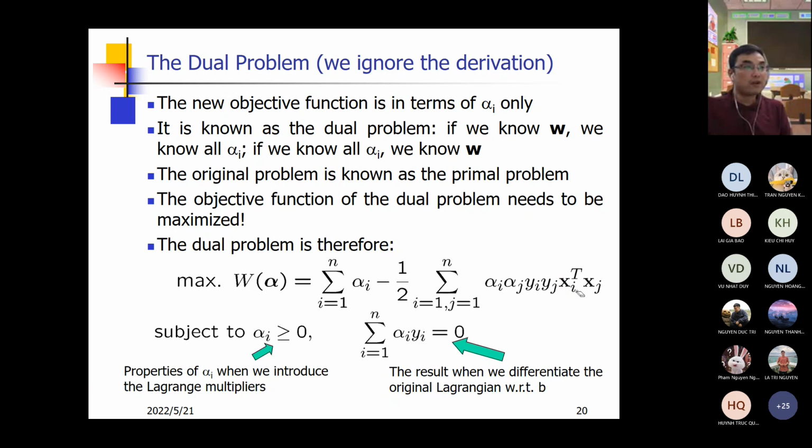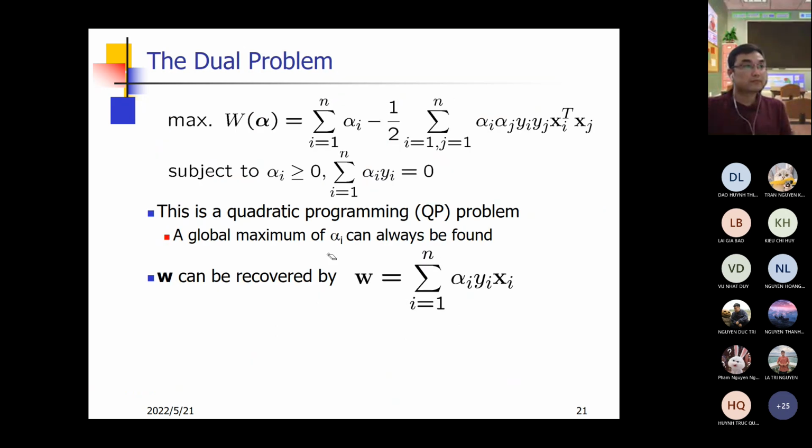So with the dual problem, what we optimize at the end is to maximize this with respect to alpha.